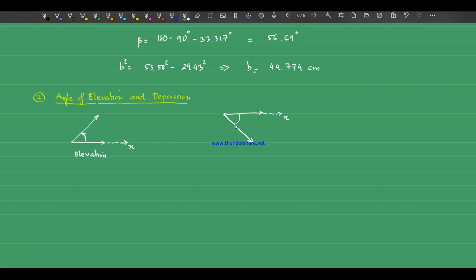Here you go like this, and this is called depression. Yep, that's all you need to know, the vocabulary, because most of the problems probably give you the picture. If they give you the picture, it's easy. But if they don't give you the picture, they just say angle of elevation, angle of depression, or elevated or depressed by a certain degree, then you know that's how you're gonna draw the picture.